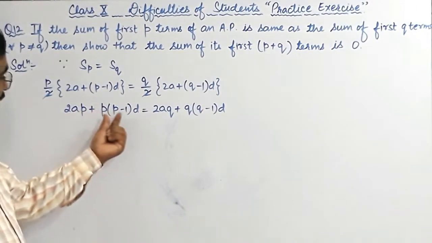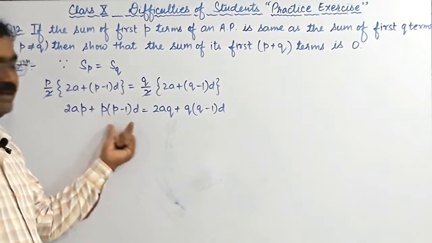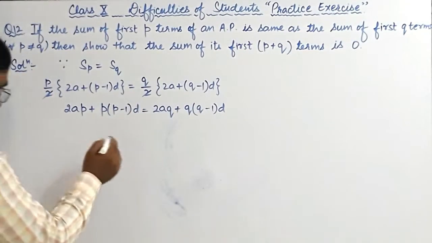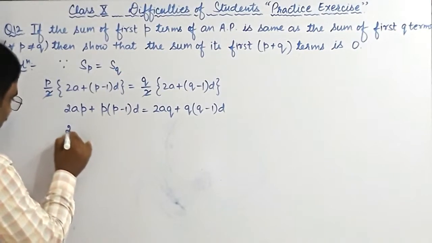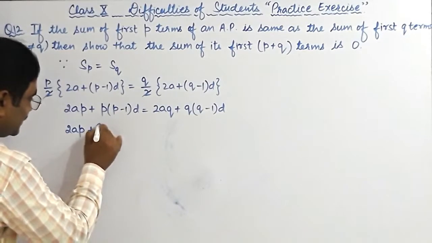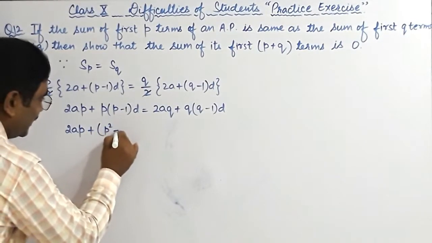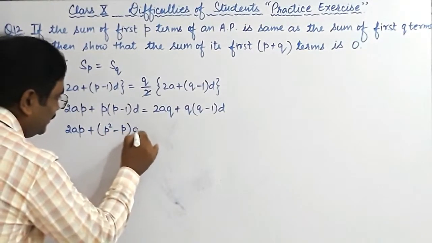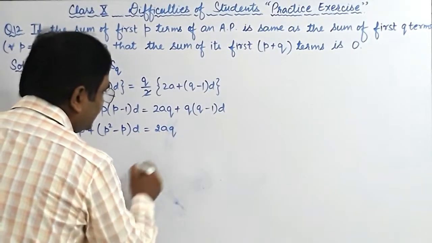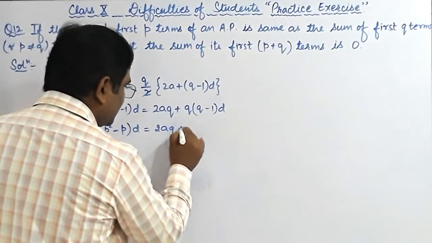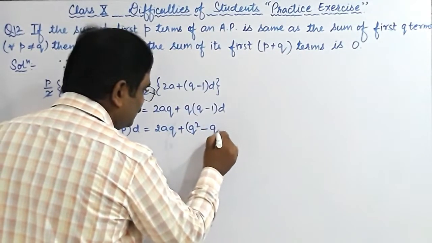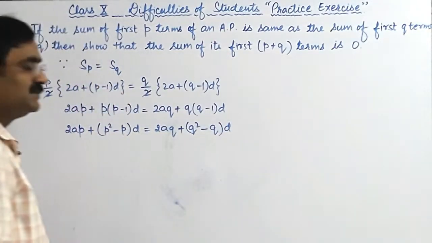Now what do we do, in this bracket we have to multiply by p and in this bracket we have to multiply by q. So this equation can be written as 2ap plus p square minus p into d equals 2aq plus q square minus q into d, right?